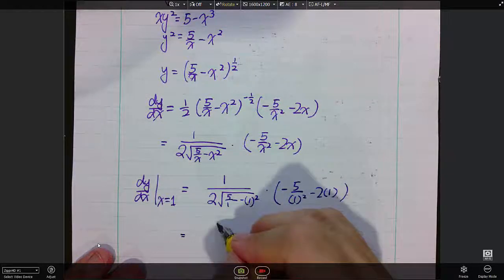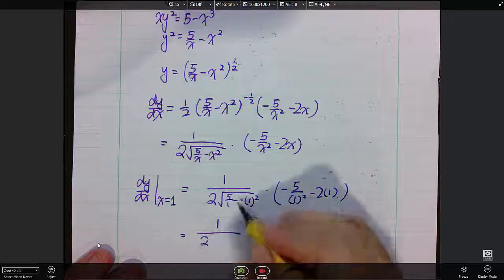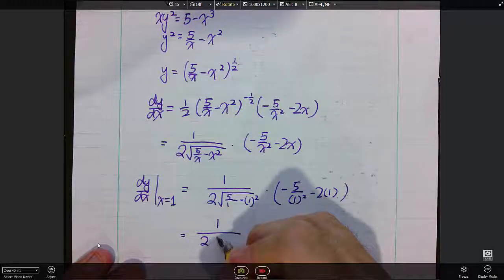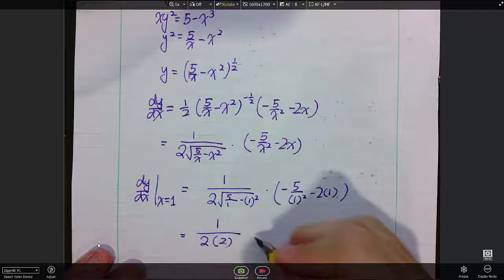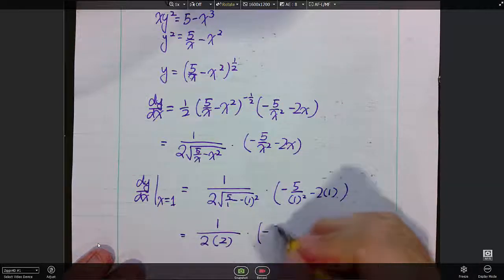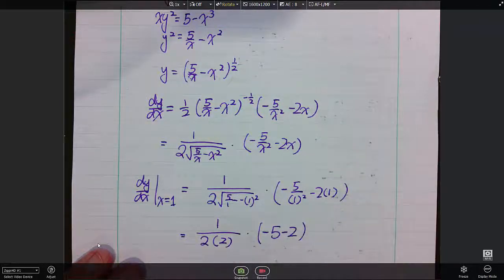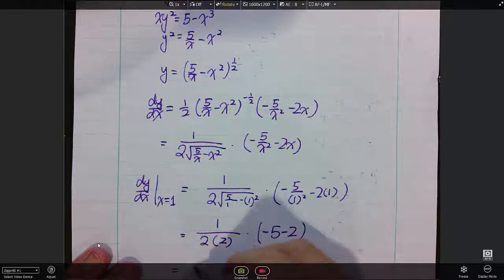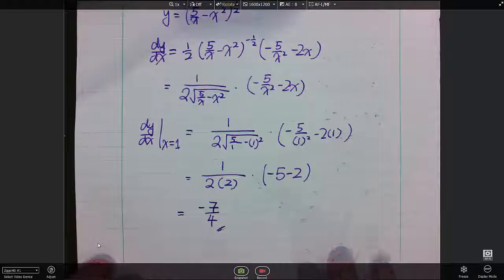So I get 1 over 2 times the square root of (5 minus 1), which is square root of 4, which is 2, times (negative 5 minus 2). Then what I get is simply negative 7 over 4. And this is the value of my gradient at the tangent point (1, 2). And I'm done with question 16.